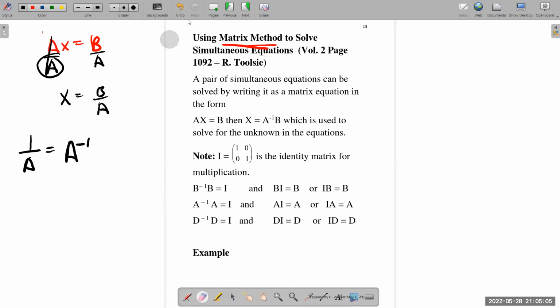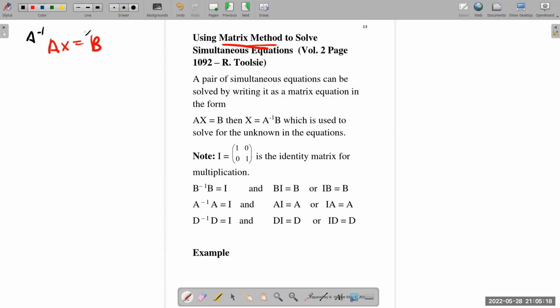So going back to the concept of eliminating A, if I want to get rid of A, I simply multiply both sides by the inverse of A. Because if I multiply over here by the inverse of A and multiply here by the inverse of A, what will I end up with? This is going to cancel. So X is equal to A inverse B. That is the concept you need to remember. Look at right here. If this is that, then X is equal to that. Everybody with me so far?